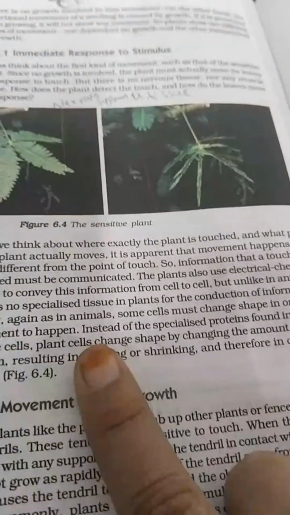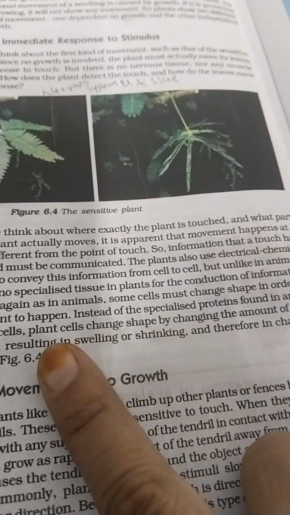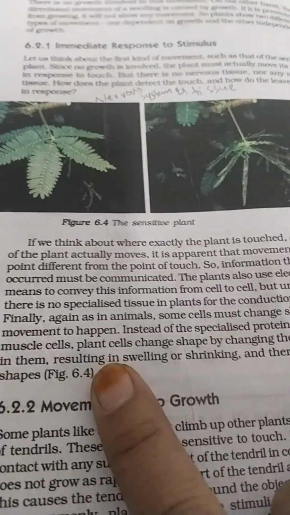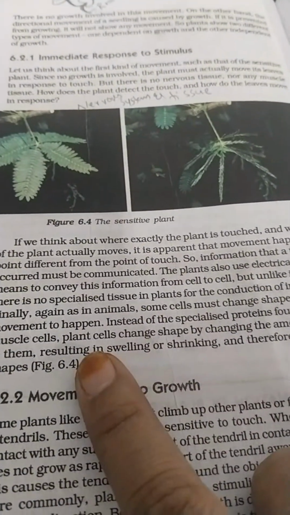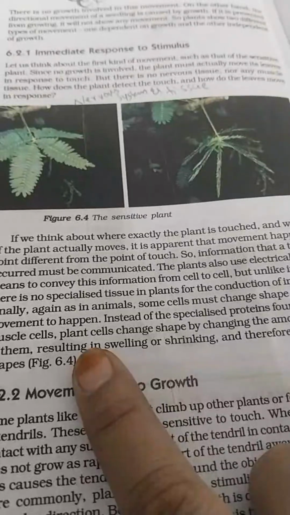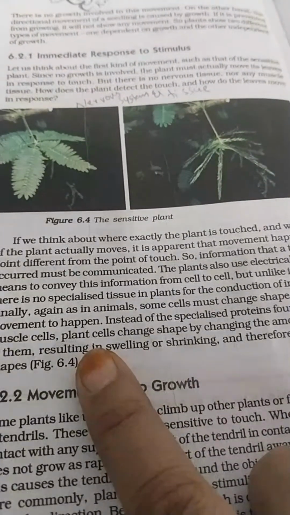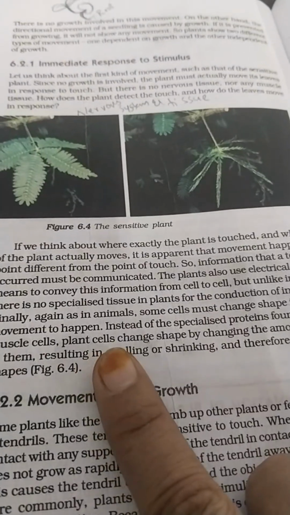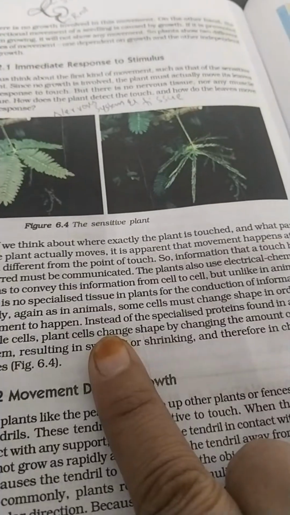Finally, again, as in animals, some cells must change shape in order for the movement to happen. As we discussed about the nervous system or neurons, when a neuron gives a message during reflex action or reflex arc, the shape of the cell is somewhat changed.